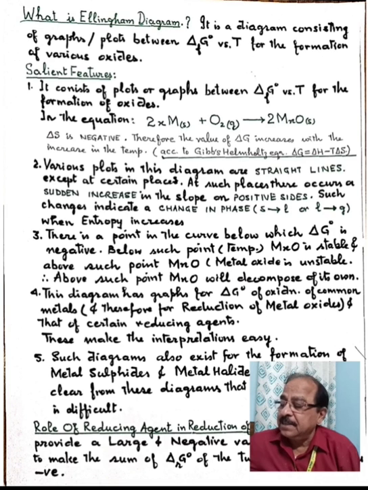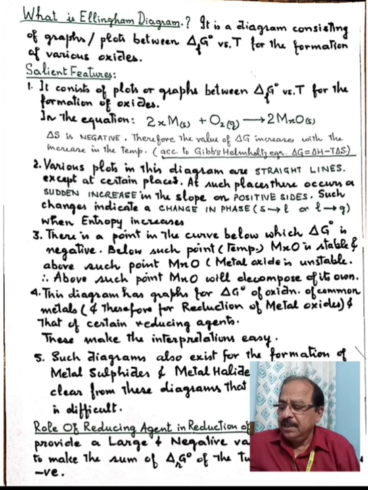Now the second point which you have to see is various plots in this diagram are straight lines. The graphs which you are seeing, they are in the form of straight lines, except at certain places. What happens at these places? At these places there occurs a sudden change, an abrupt change in the slope on the positive side. Now why do these abrupt changes occur?